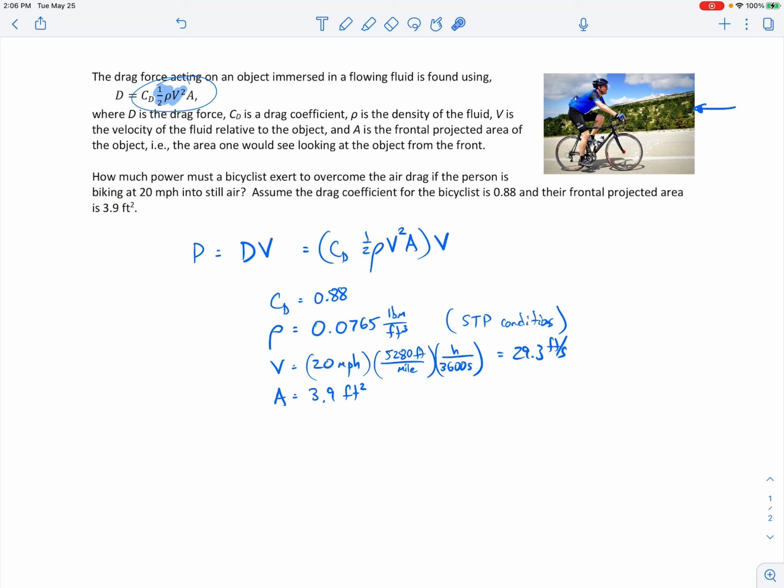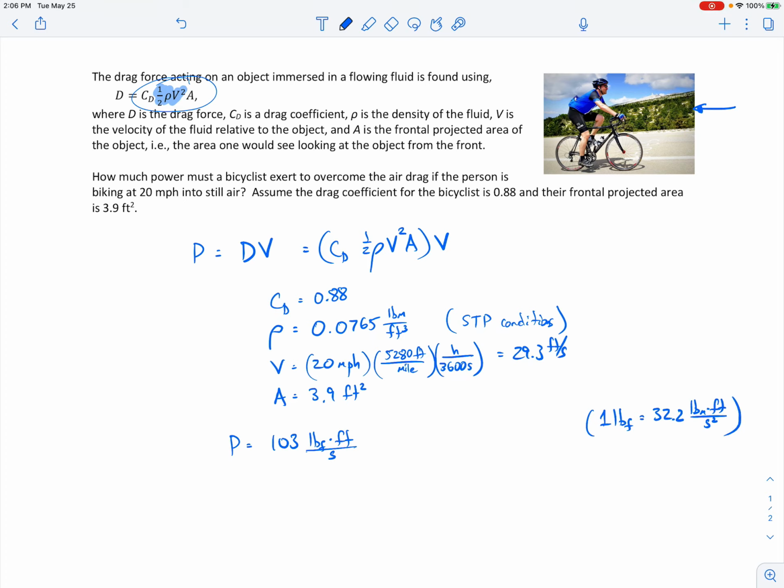So we can plug all those numbers back in, and you'll get the following: the power is 103 pounds force times feet per second. By the way, one unit conversion I made in here is that 1 pound force is equal to 32.2 pounds mass feet per second squared.